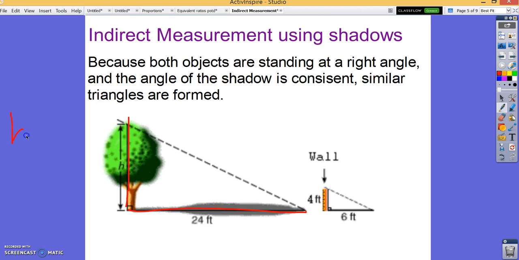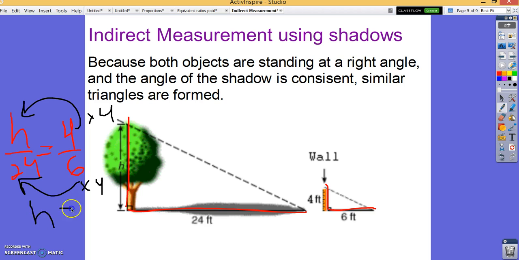So H over 24 equals 4 over 6. You can actually go through and solve this proportion using the proportion fish, but there's actually a faster way if you were to notice that we're multiplying this bottom number times 4. So we're also going to be multiplying this top number by 4.